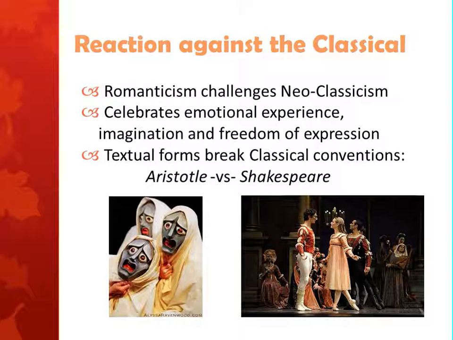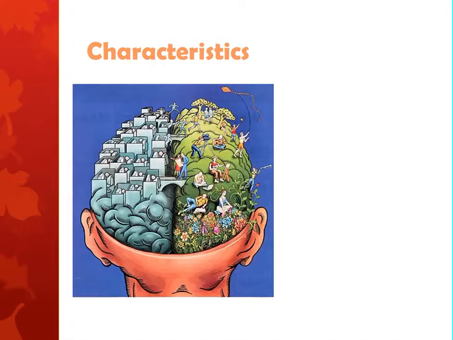Now, when you're thinking about your text that we're studying in class, you may find that some of the elements I've mentioned are very much clear within them. And it's important for you to remember that Romanticism is characterized by some key features which shape that unique way of thinking.